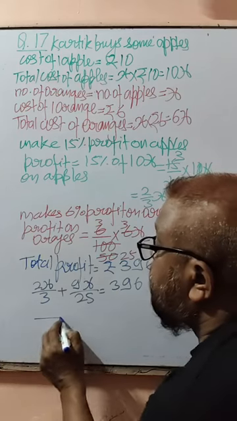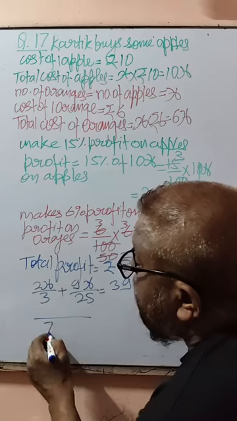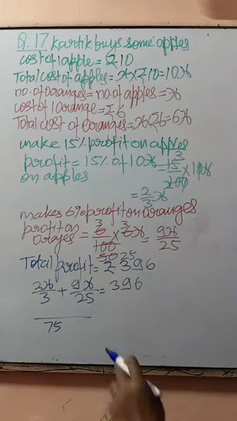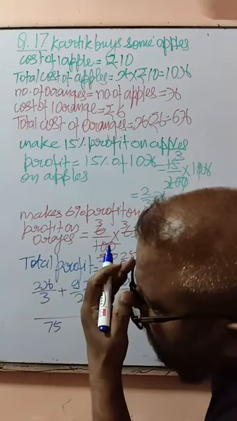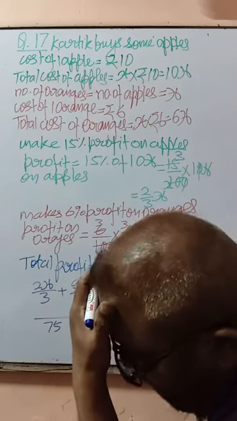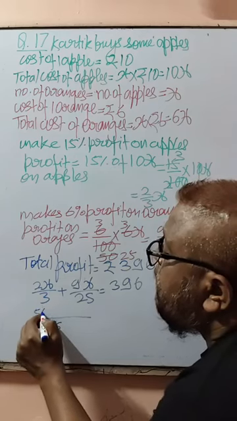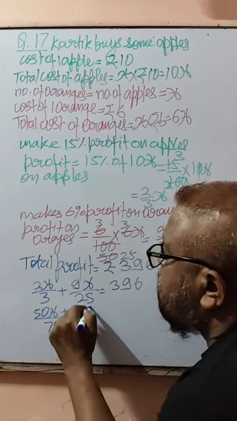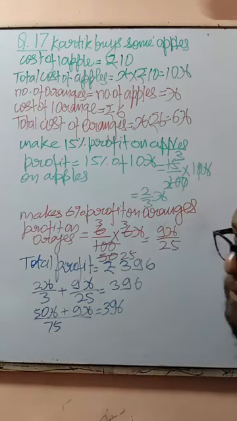So if we take 75 here, right? Yes, sir. So it becomes how much? 75 divided by 3 becomes 25, and 25 times 2 becomes 50x, plus 9x is equal to 396, right?